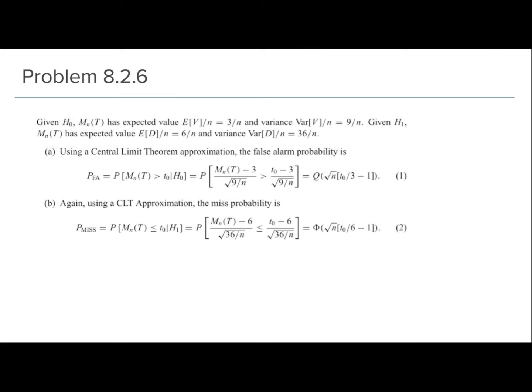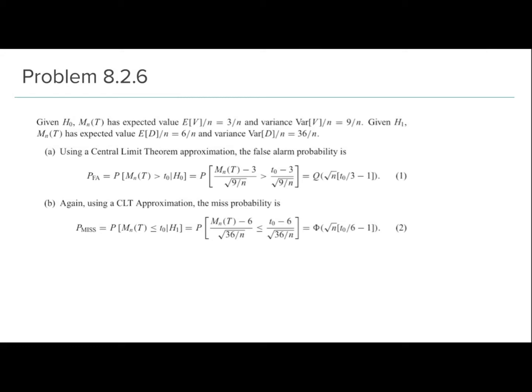Right, so where were we before this? We had basically written the formula for P of false alarm, which will be equal to P of Mn of t greater than t naught given H naught, right? So now, to get this to a form where we can apply the central limit theorem, we'll subtract the mean and divide by the standard deviation on both sides.